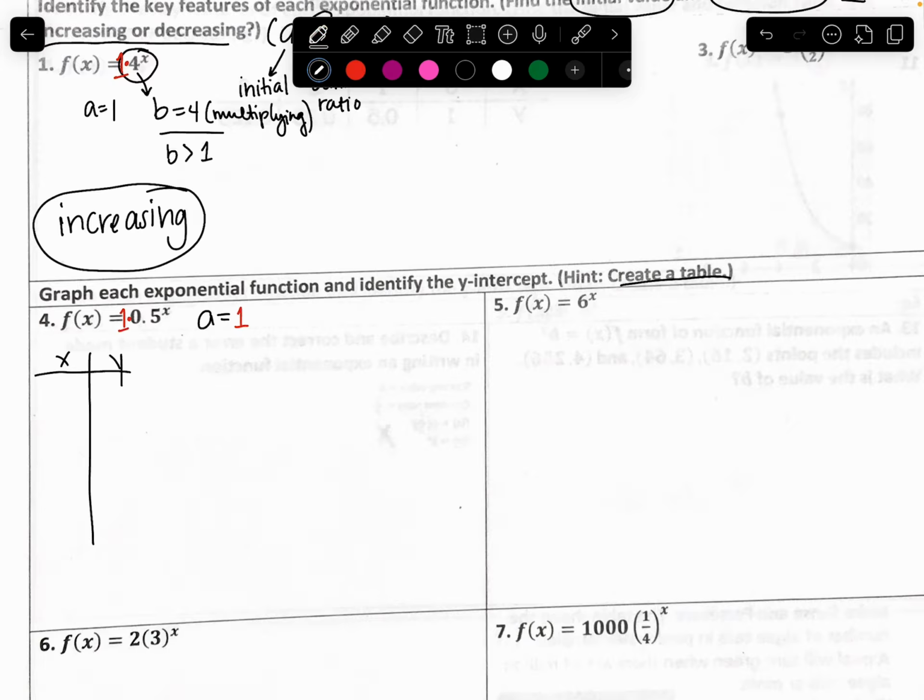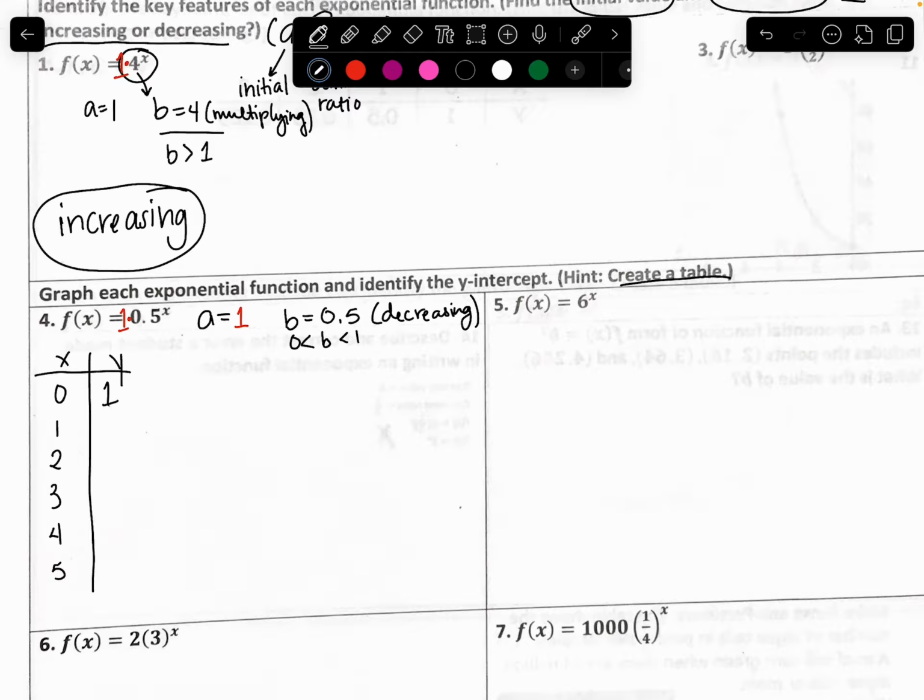A equals 1, b equals 0.5. Since b is in between 0 and 1, it's going to be decreasing. And remember, our x values, we're going to start with 0. We're not going to deal with negatives just yet until later. So at 0, my a value will be 1.